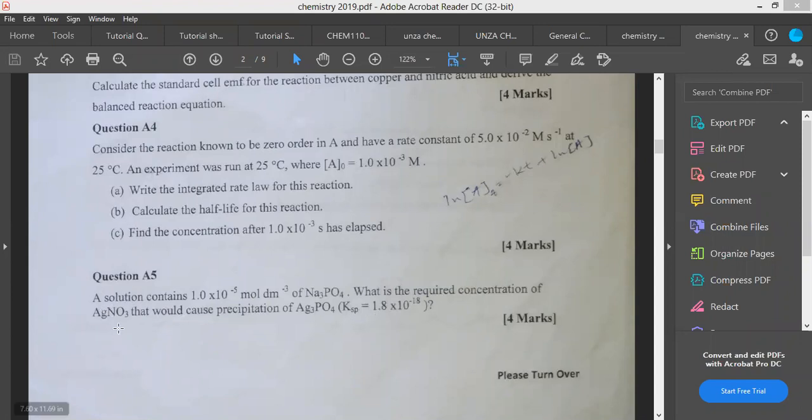Silver nitrate. So what you're going to do is write the dissociation equation for this. Okay.